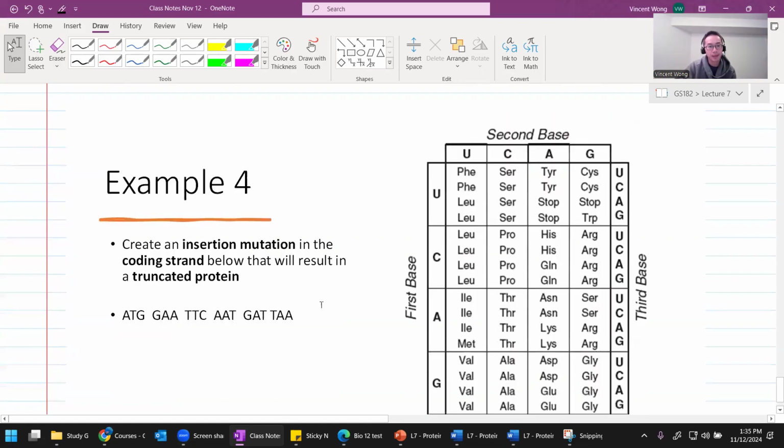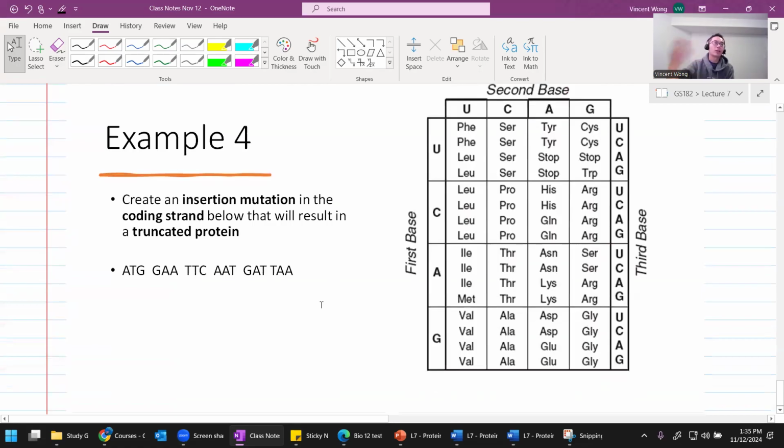Last example. So like on the quiz, I'm not going to be able to ask you to create mutations like these because I physically can't do it on the computer, right? But practicing these things will help you understand more about mutation and probably will help you answer the questions a little bit better. Create an insertion mutation in the coding strand below that will result in a truncated protein.